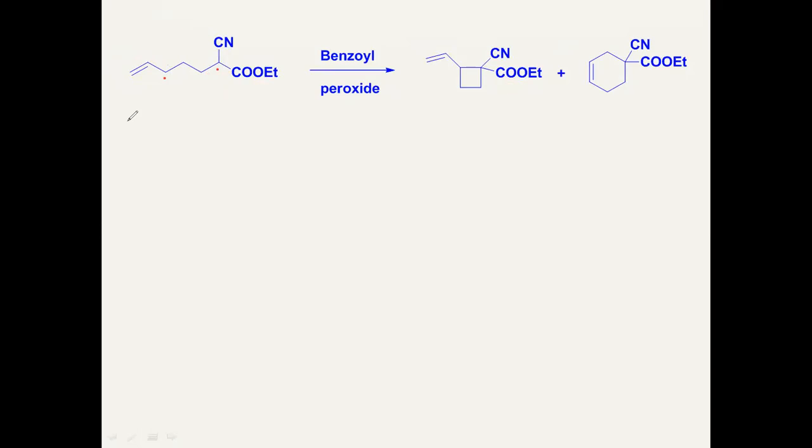In this whole molecule, generation is possible at this carbon because this radical is highly stabilized by two groups, this cyanide group and this ester group. Therefore, it is generated here.